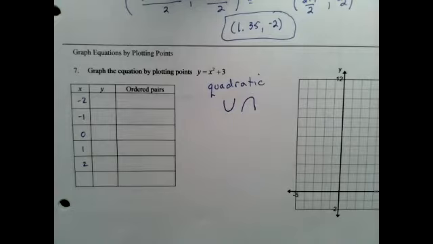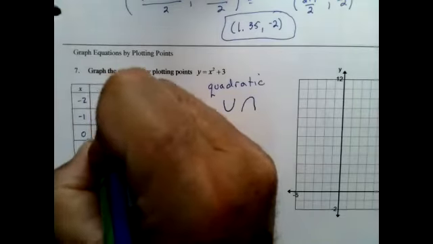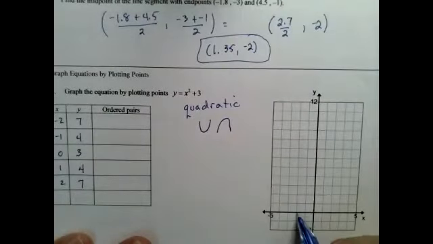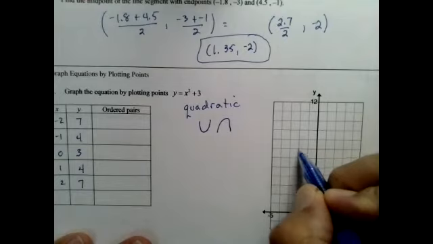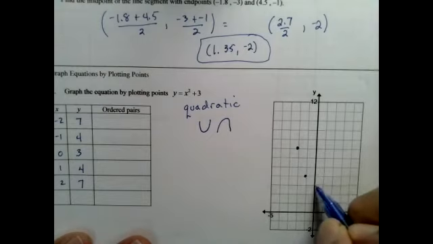Start plugging points in. -2, if I plug it in, I get -2, 1, 2, 1, 2, 3, 4, 5, 6, 7. -1, 4, 1, 2, 3, 4.